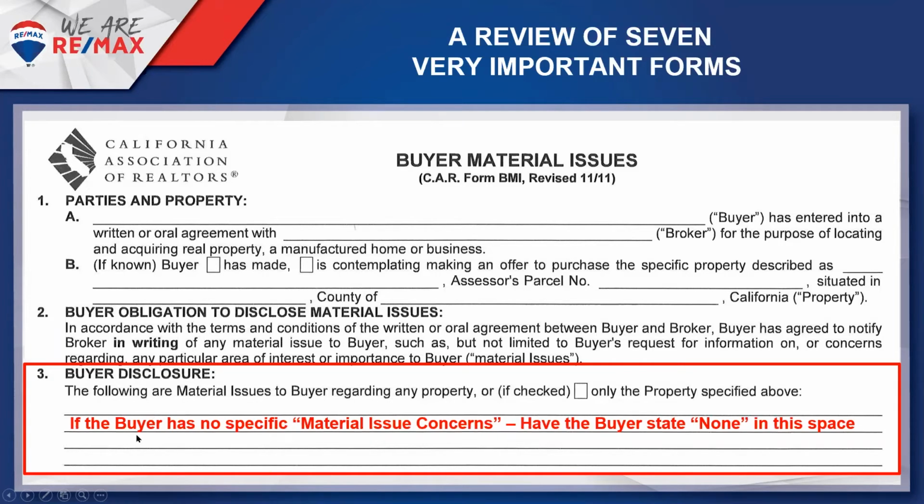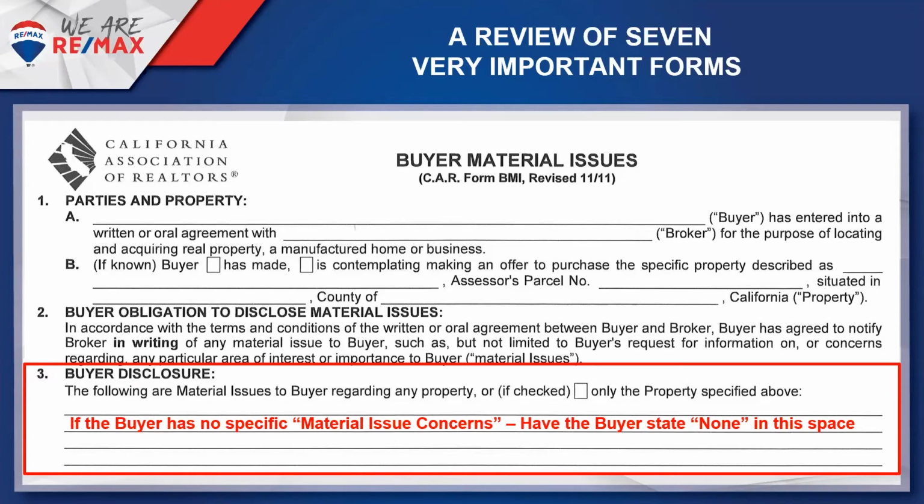Now, if the buyer has no specific issues, then have the buyer type in or write the word none. A blank form here, if 3 is blank, you open up the ability for the buyer to say, I didn't understand the form. I didn't put anything on it because I didn't understand it. Even when I explain it to agents, a lot of agents have trouble with this form.